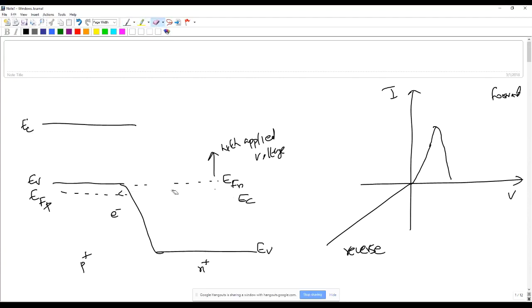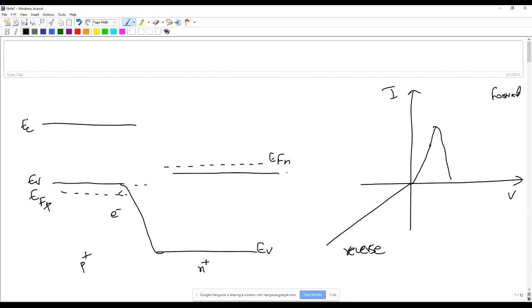So let me see if I can just erase this and then redraw. Okay. So now I have increased my EFN. That is my EC. So let me just draw EV proportionally.